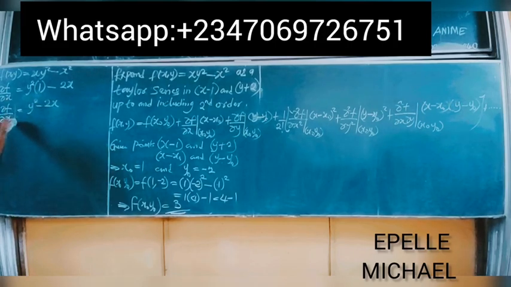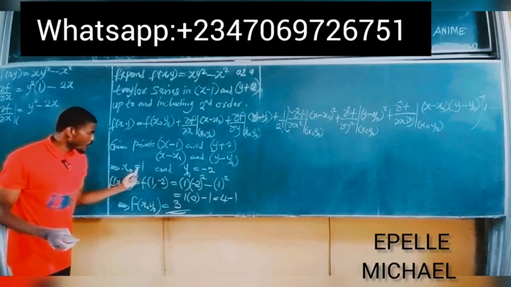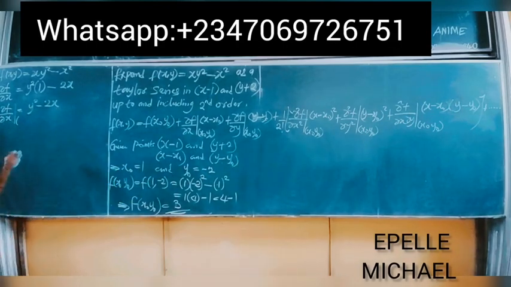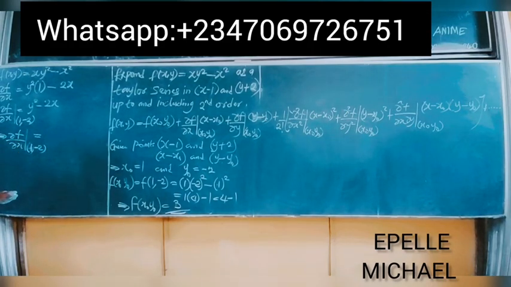So look for these values at the given points. The points x naught, y naught are now simply 1 and minus 2. So look for this value at 1 and minus 2. This simply means that partial f over partial x at the given point 1 and minus 2 is equal to, in place of y squared here, y is minus 2, so I'll simply have minus 2 all squared minus 2 times x, which is 1, times 1.